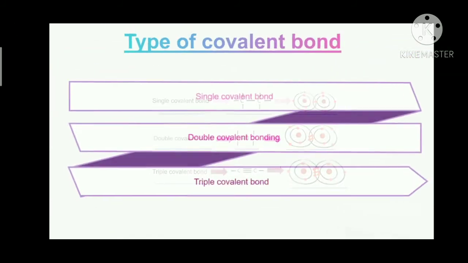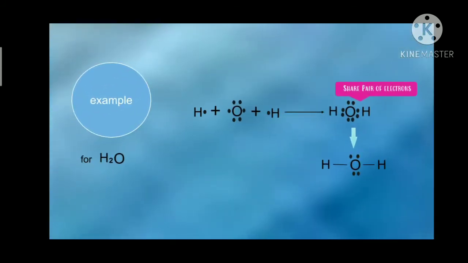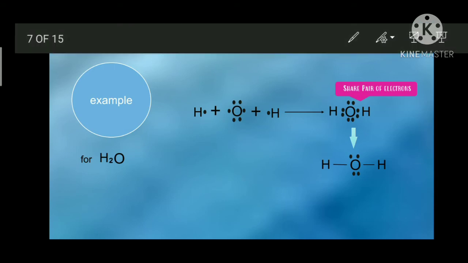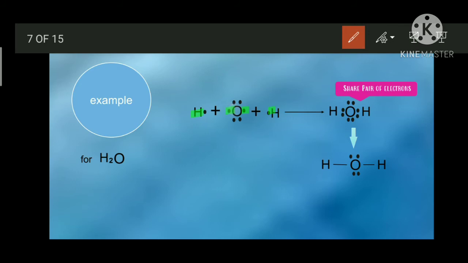Now we go to an example. The example is 2 hydrogen and oxygen, or water. Water has covalent bonds and they will be sharing and form the shared pair of electrons like this.